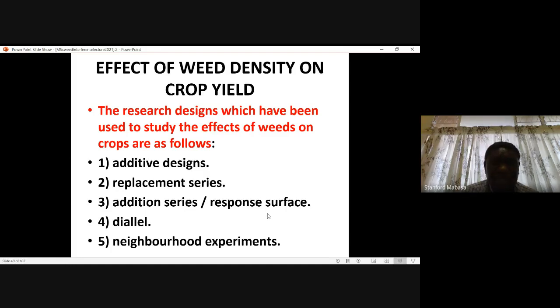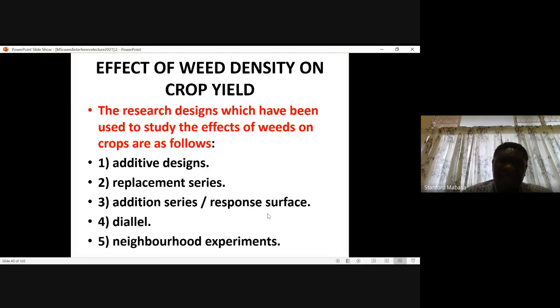Now, if we want to find out this information, it means some research has to be done so that we get some information. What we are going to do now will be probably to discuss some of the procedures which are used in research in order to get this information, which is vital for weed management.